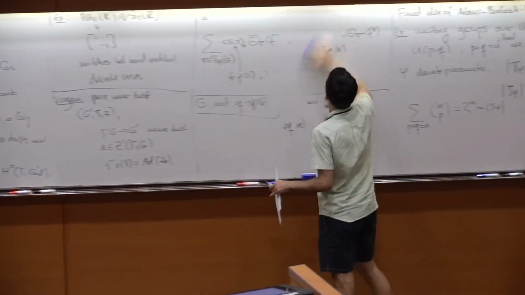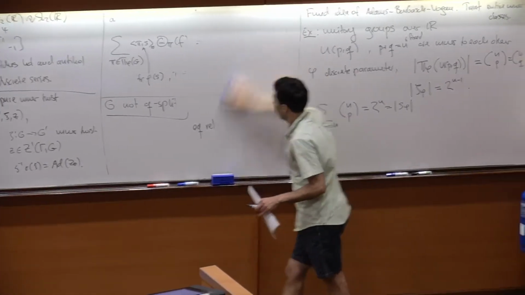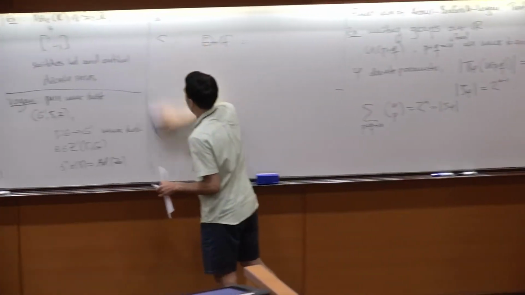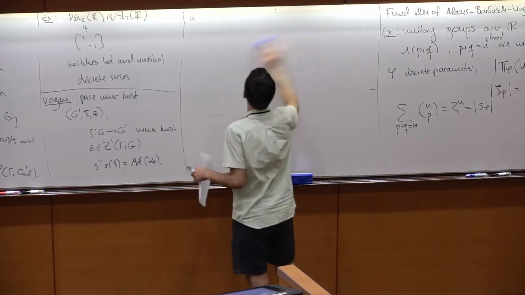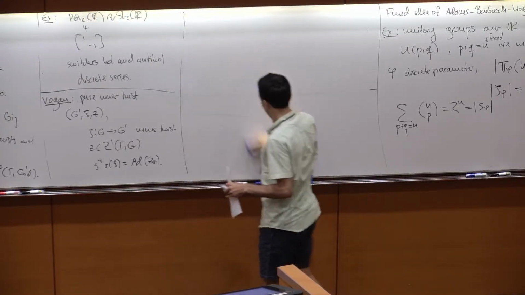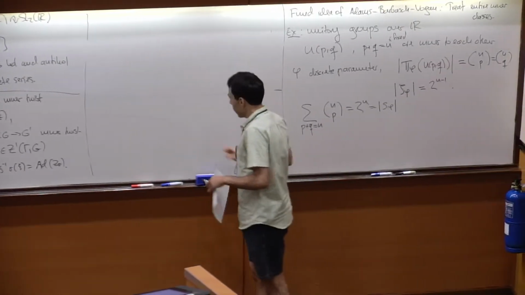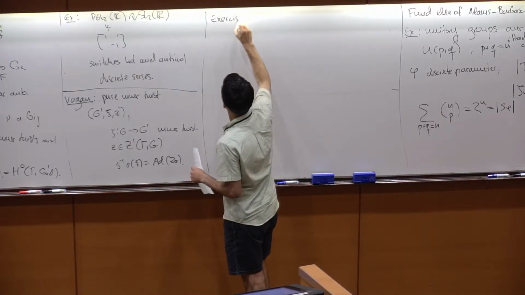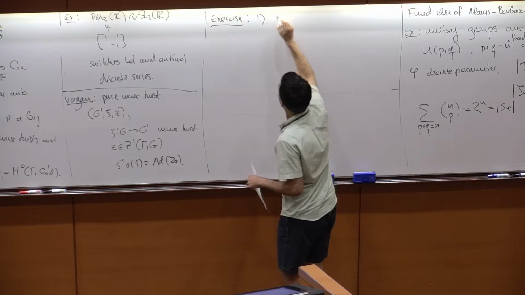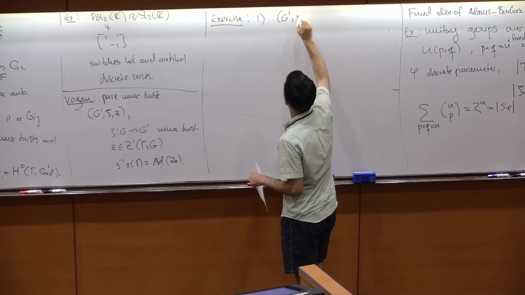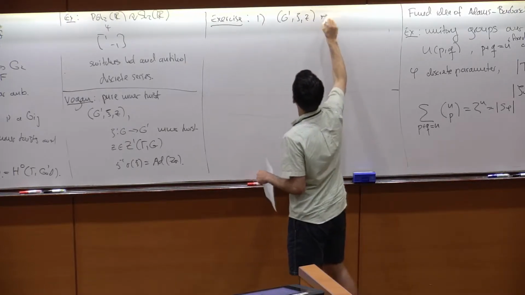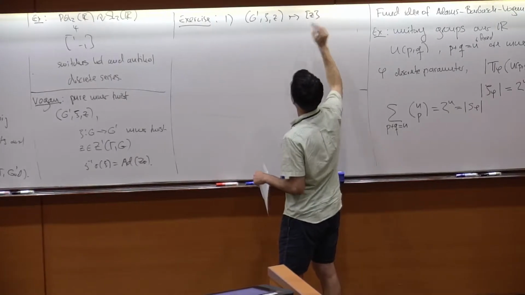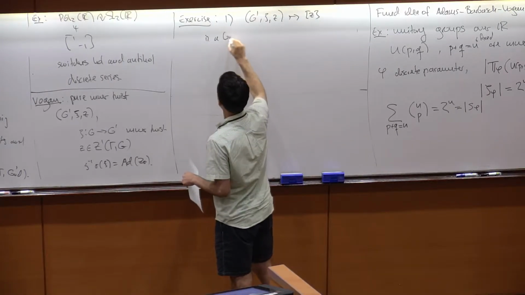Okay, and so now we have the next exercise, which is that taking triples G prime, psi, and z, and mapping them to the class of z is a bijection.